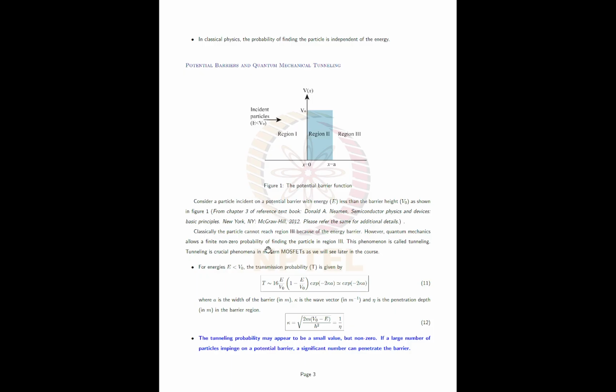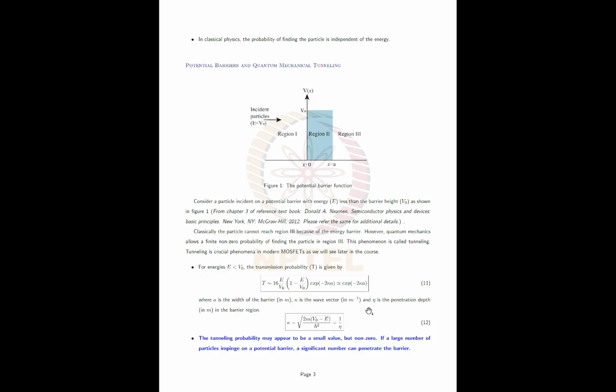And that is given by this formula. The probability of transmitting through this region is given by T equals 16 E by V naught, 1 minus E by V naught, exponential of minus 2 kappa a.